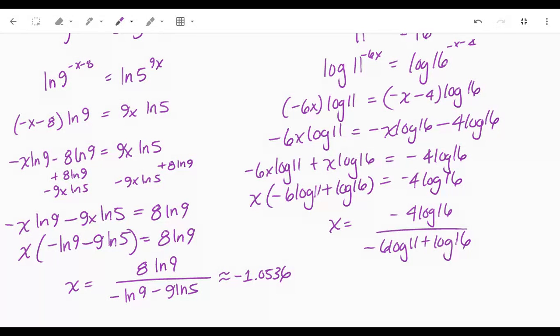Go ahead and use your calculator for that. And we should get about, oh, I just lost the answer there. Hold on. 0.9548. All righty.